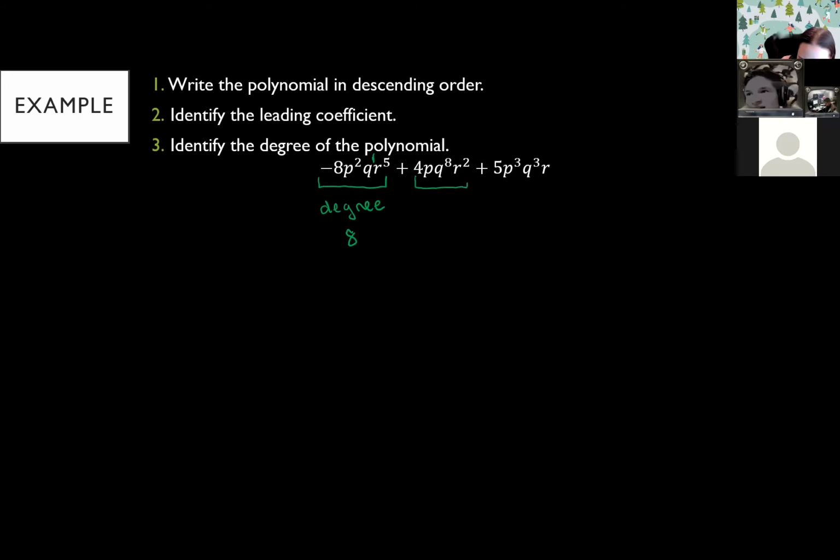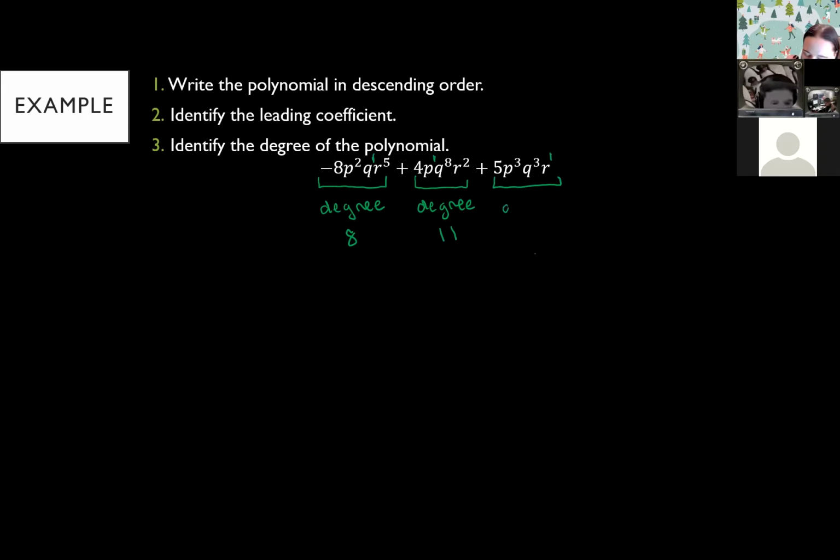And then we do the same thing in the next one. That P doesn't have an exponent, so we can treat it as 1. So we got 1 plus 8 plus 2, and that's 11. So this term is considered a degree 11. And then the last one, that R doesn't have an exponent. So we have 3 plus 3 plus 1, which is 7.